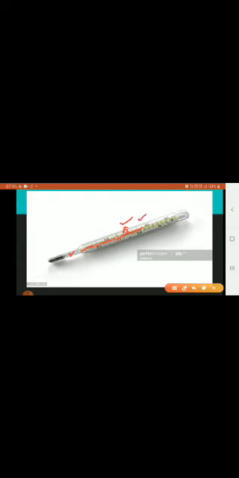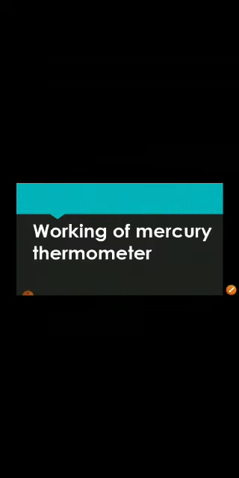Okay, so this is how it works. And it can also contract if the temperature is decreasing. If the body temperature is decreasing, you can see that it will contract, it will come here near about normal temperature like this. So this was the working.